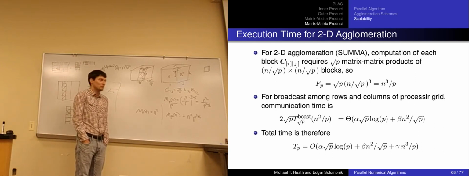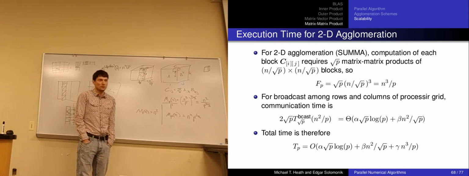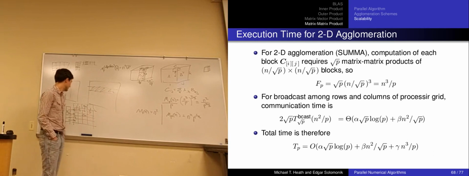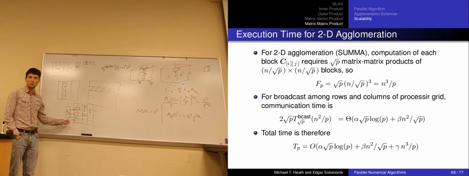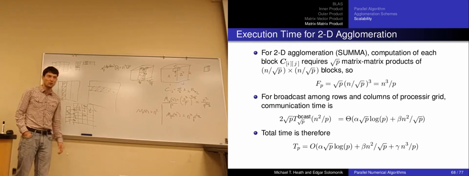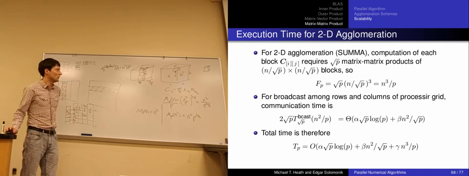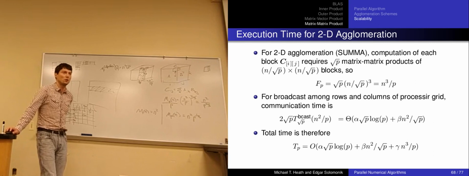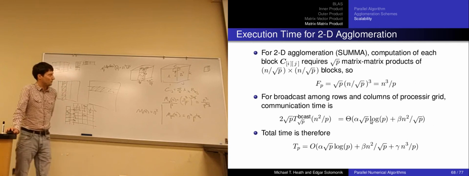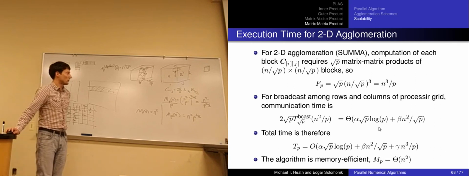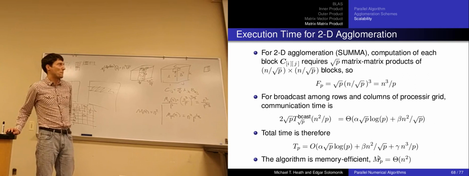More latency. More latency. Yeah. By a factor of square root P. So way more latency. So we need a substantial number of messages more because we've subdivided the problem into pieces and are doing the translation. While the 3D algorithm really operates all at once. That's actually the bigger benefit probably overall. But it is not mimicked for certain other types of 3D algorithms. And what's nice is this algorithm is always memory efficient.